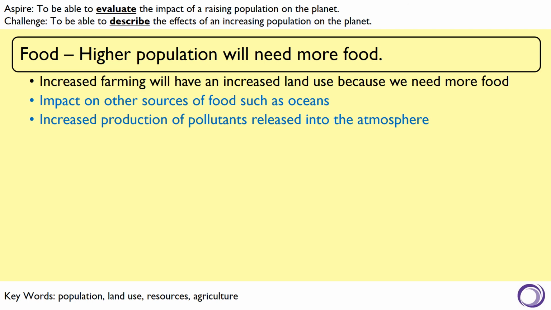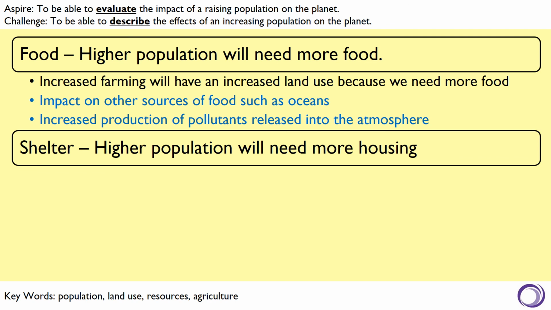But a few linking statements there in blue that will impact on other sources of food such as oceans. And there's also increased production of pollutants released into the atmosphere from that process of farming. And we will look at that in a little bit more detail later on in this topic.